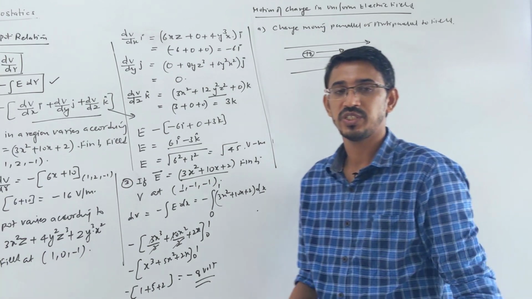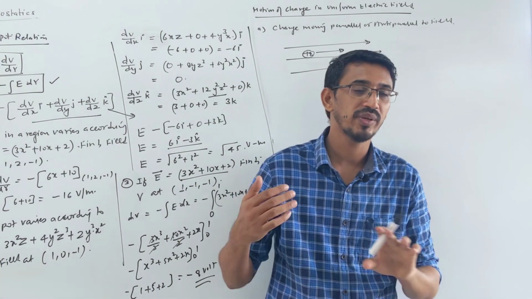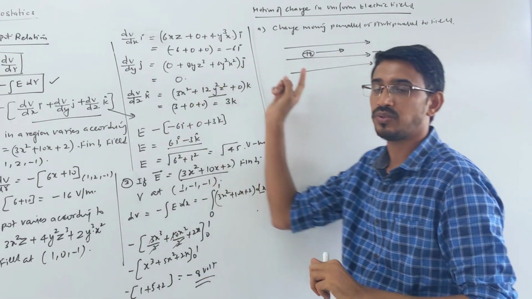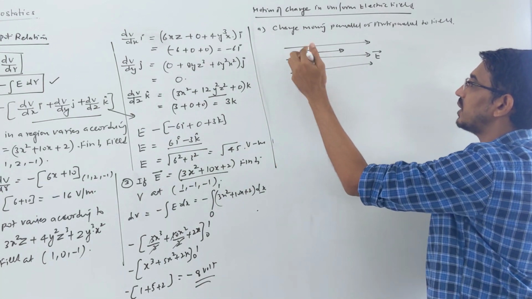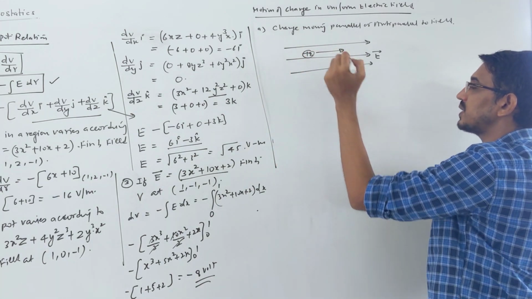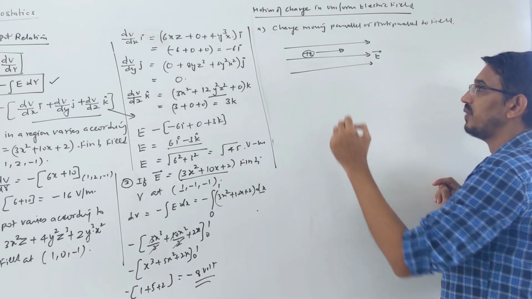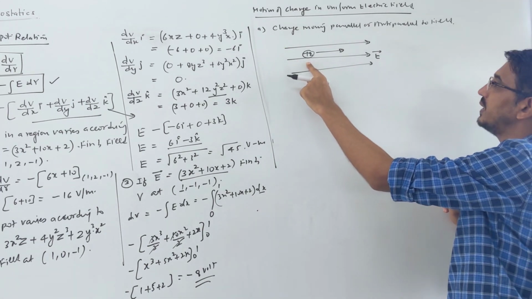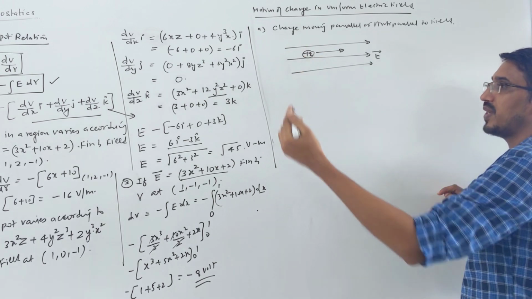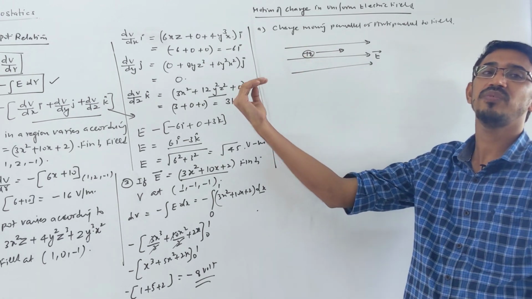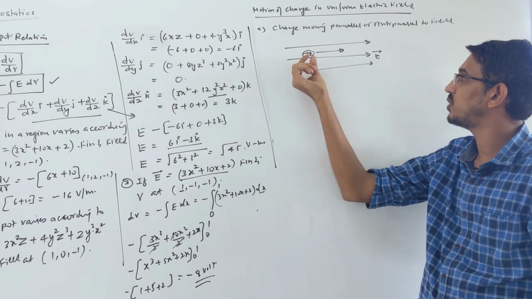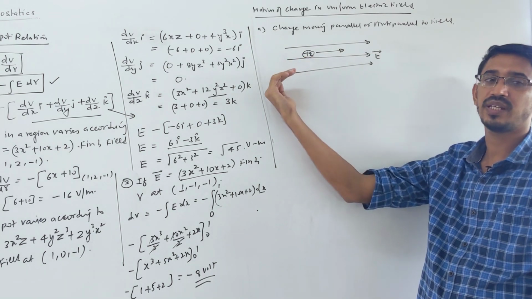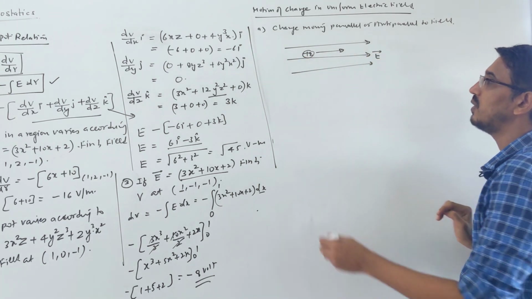Then what happens to that charge, positive or negative, moving parallel or anti-parallel? Suppose this is the direction of the field and the charge is fired in this direction with some initial velocity v. A positive charge experiences a force in the direction of the field itself. Why?